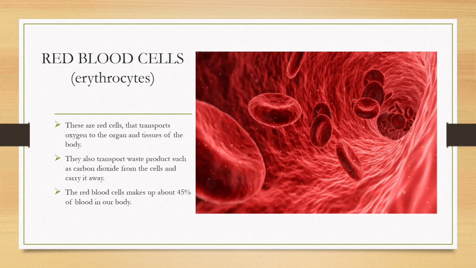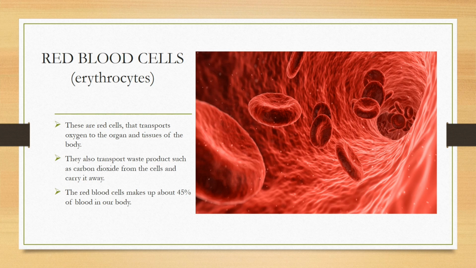So what are red blood cells? These are simply red cells that transport oxygen to the organs and tissues of the body. What this statement is trying to explain is that we human beings need oxygen to survive. Our organs work well with oxygen.